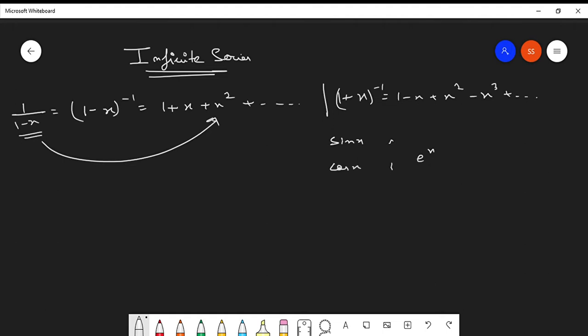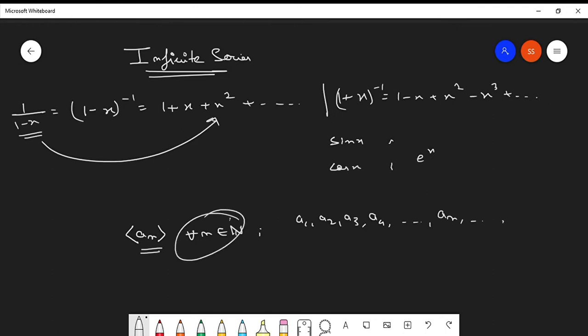So we already know what a sequence is, right? Suppose a_n is a sequence for all n belonging to the set of natural numbers. We can write this sequence as a1, a2, a3, a4 till some a_n and then to infinity, because we have used for all n.